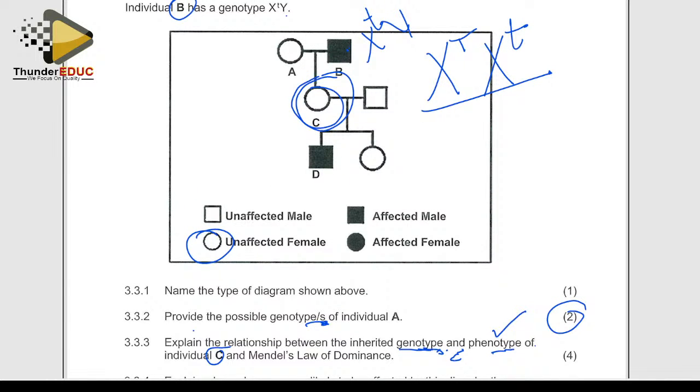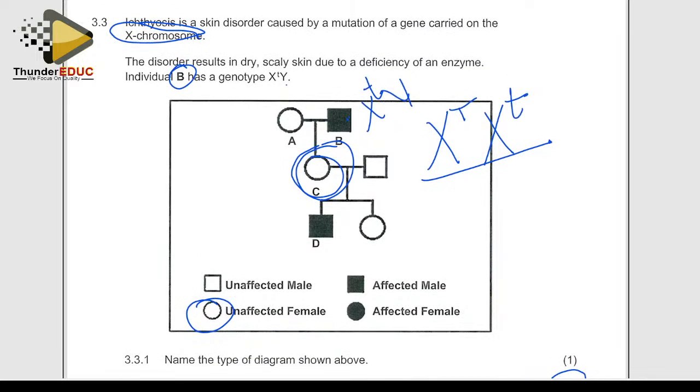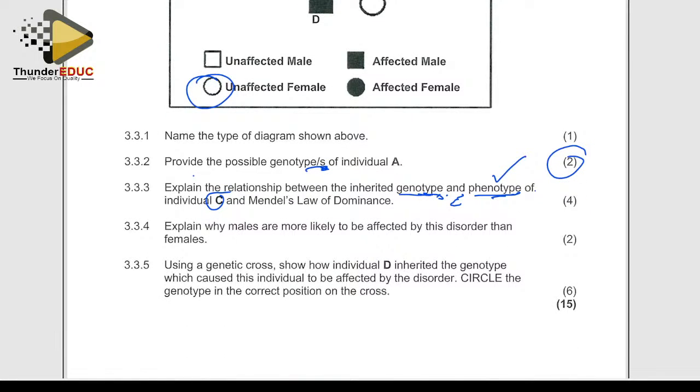That's mark 1. Then you tell us the phenotype. It is normal. It's unaffected. You understand? That is another mark. Then the other 2 marks, you tell us that because you need to talk about the inheritance. Yes, obtain this dominant allele from the mother and obtain the recessive allele from the father. So basically that's what they wanted in that regard.